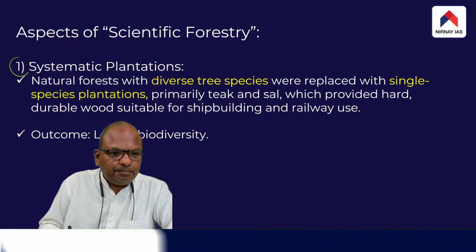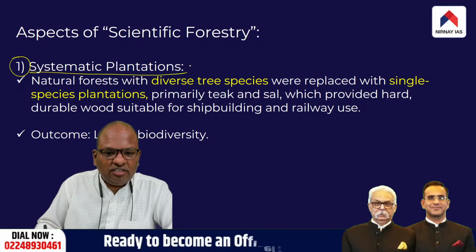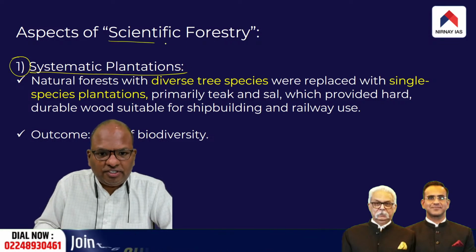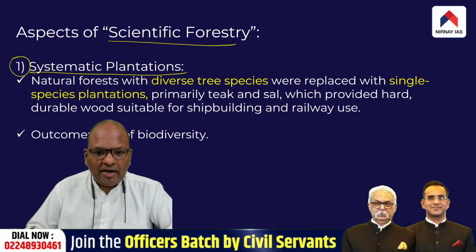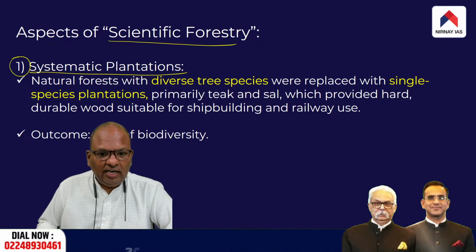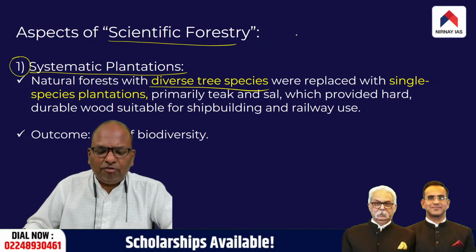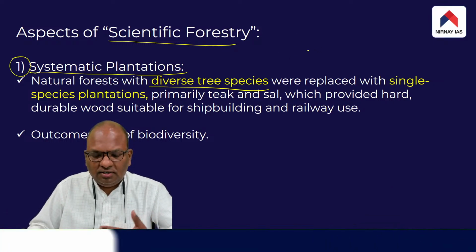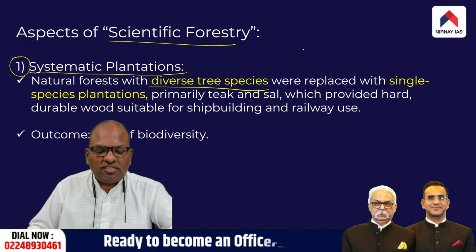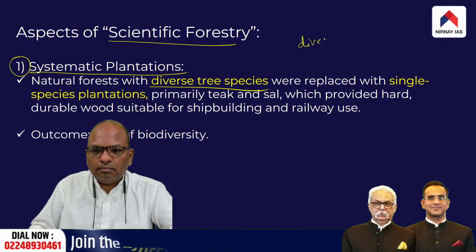One is systematic plantation, which was introduced under scientific forestry. Basically, diverse tree species were cut, because the forests in India were natural forests, and these natural forests were quite diverse.